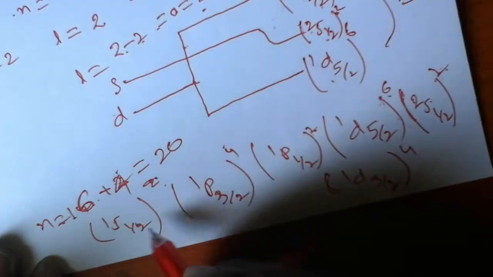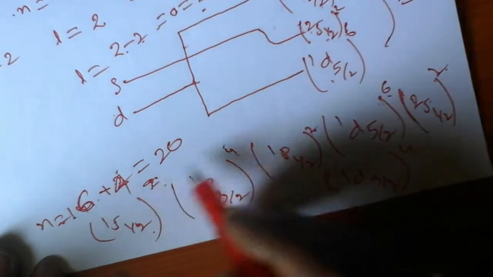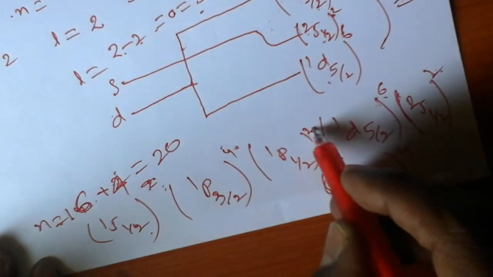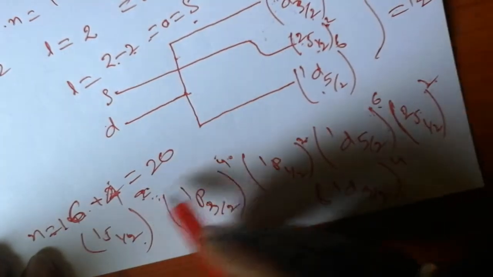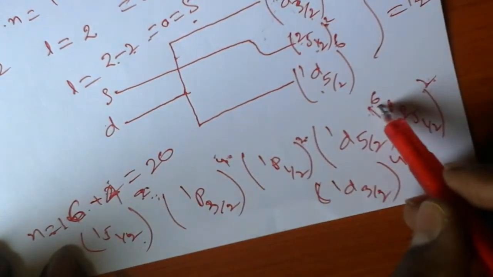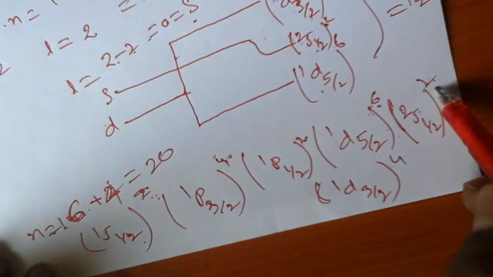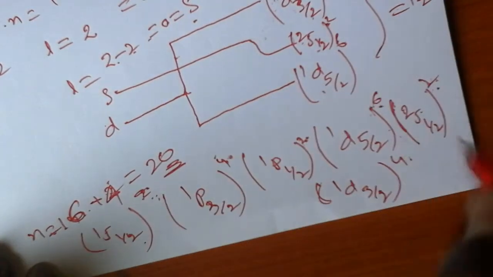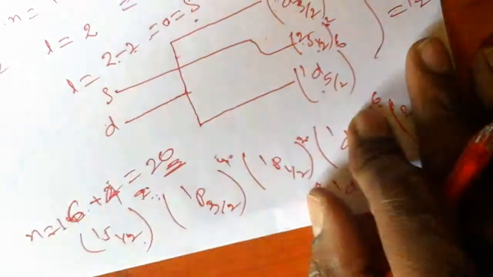So 20 means 2 plus 4 is 6, plus 2 is 8, 8 plus 6 is 14, 14 plus 2 is 16, 16 plus 4 is 20. So 20 is over. So 20 nucleons we can arrange.